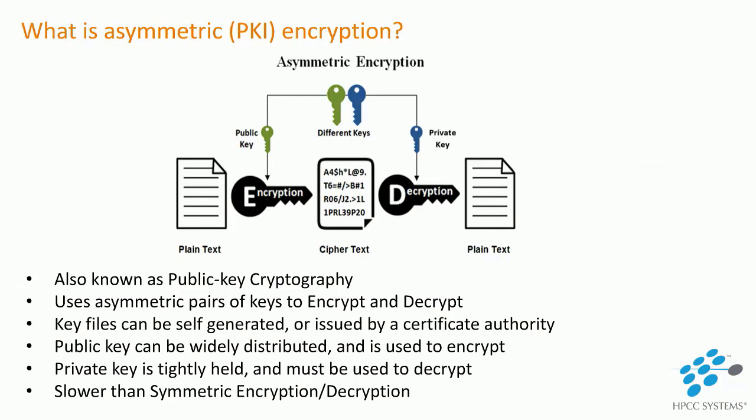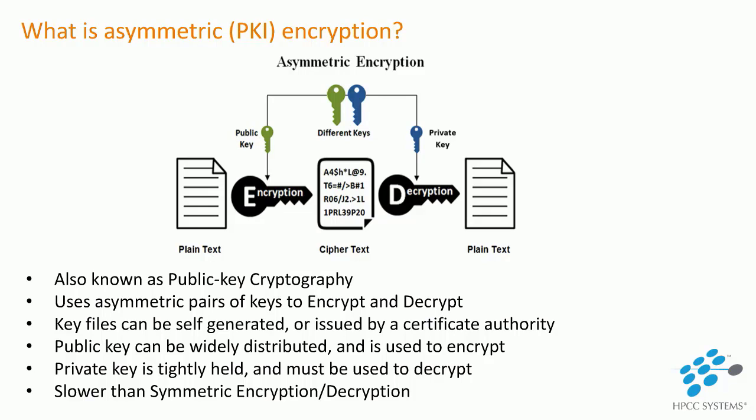Okay, now I want to talk about asymmetric encryption, and as I alluded to earlier, this uses public and private key pairs. As you'll see in the graphic, the encryptor uses a public key to encrypt the data and send it over the wire.